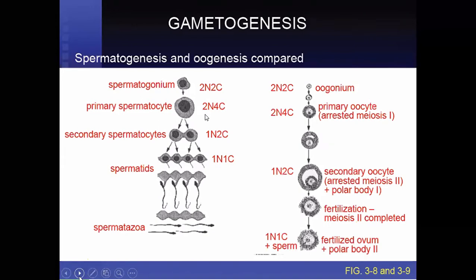For the males, we have the so-called spermiogenesis. So the spherical shaped spermatids, which contain half the number of chromosomes, which is haploid, will be converted to an elongated sperm or spermatozoa.